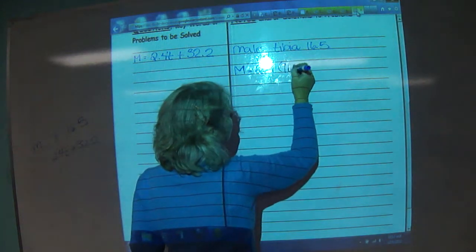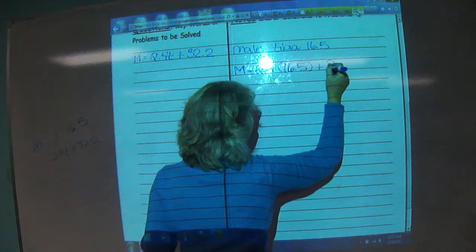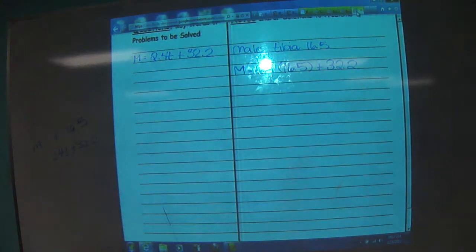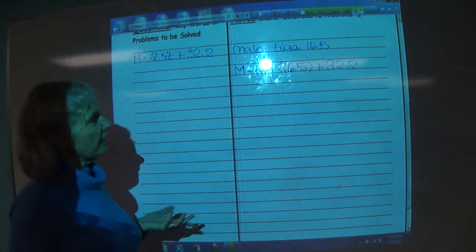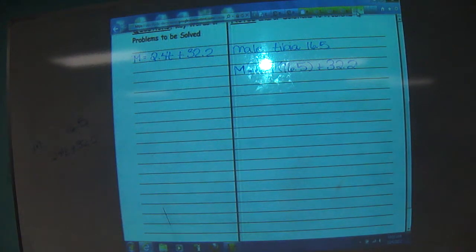Tibia. 16.5 plus 32.2. That's it. We do have to solve it, otherwise you won't have the answers at the bottom of the sheet. So how are you best going to multiply 2.4 times 16.5?